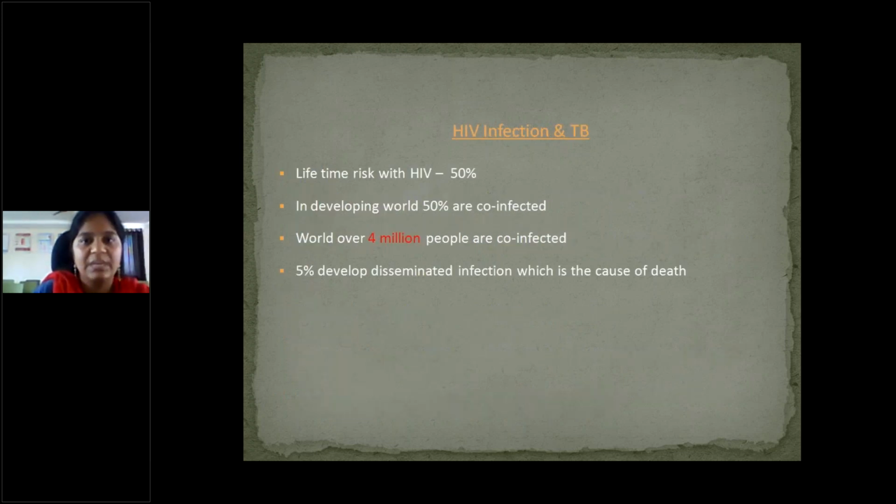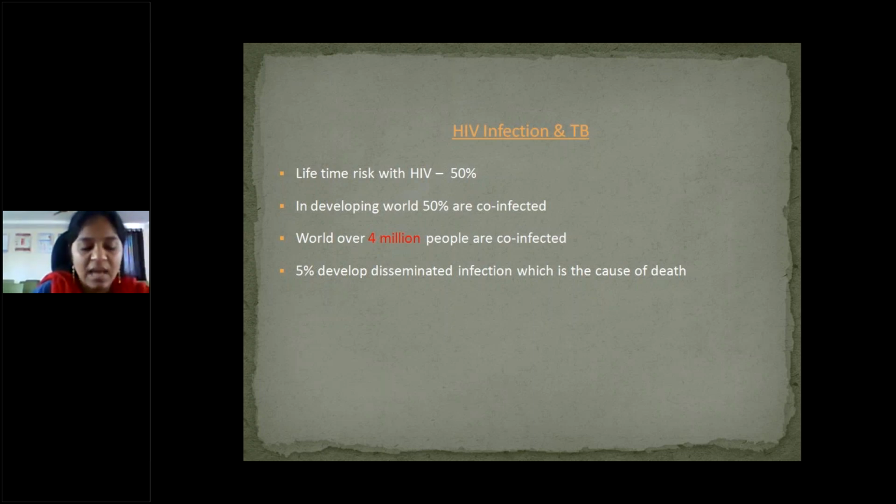HIV infection and TB. Whenever we talk about any infection, not only in skin but in any other organ of our body, we always talk about its correlation with HIV, because in HIV the immunity of the person is very low. That's why other co-infections are very common in these patients.